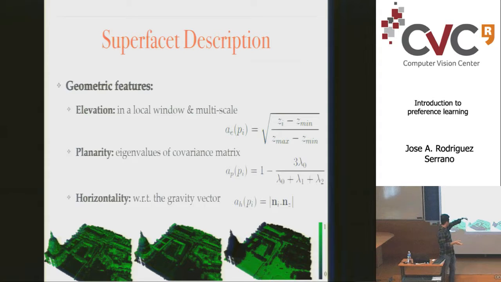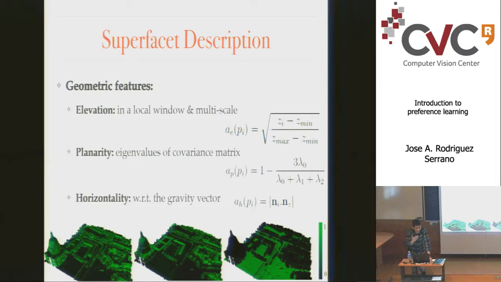Then we take the Z min and Z max, which show the elevation, to discriminate between the ground level and something higher, like the roof or the higher part of the facets.